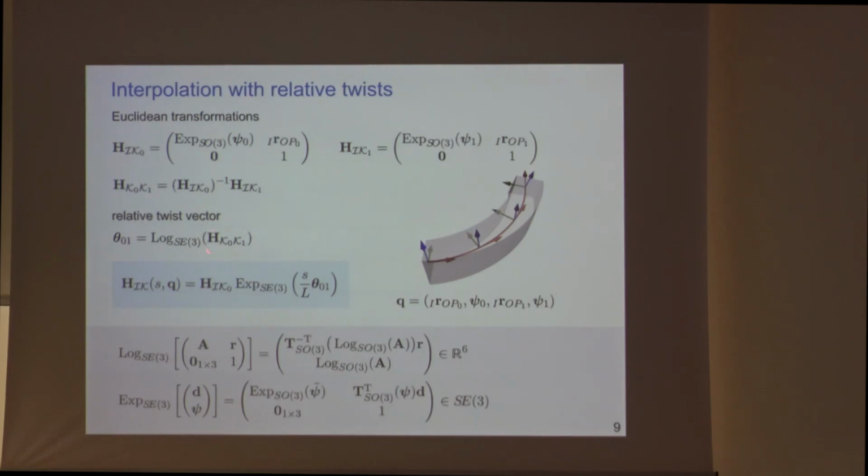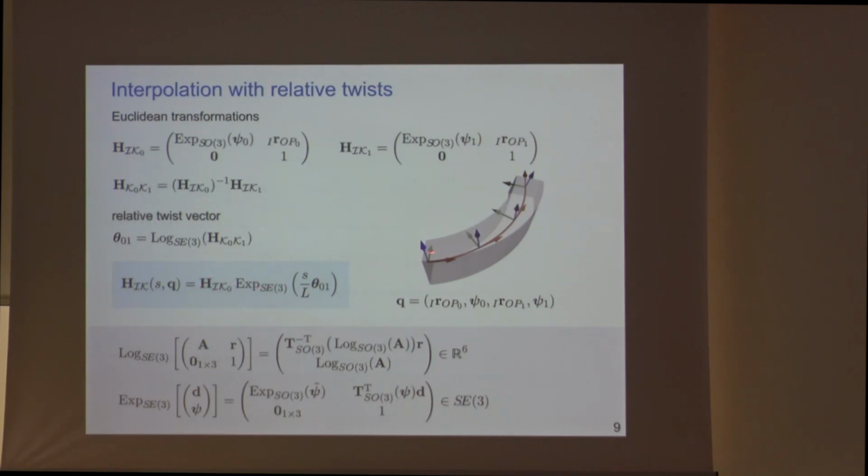And from that we can extract the so-called twist vector, which represents or parametrizes this SE3 group. So if we insert such a twist vector again into the exponential, then we will get back a homogeneous transformation. And that's how we construct this interpolation.